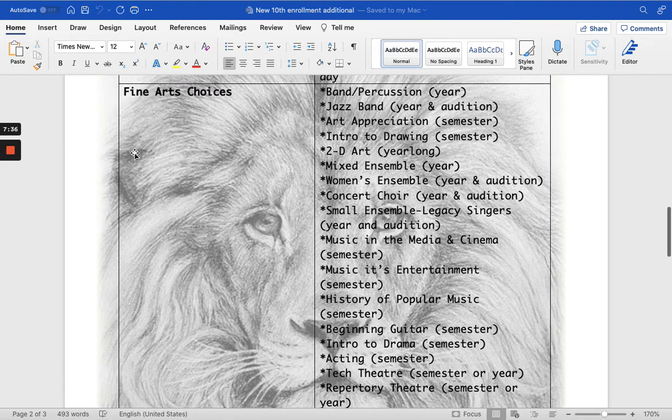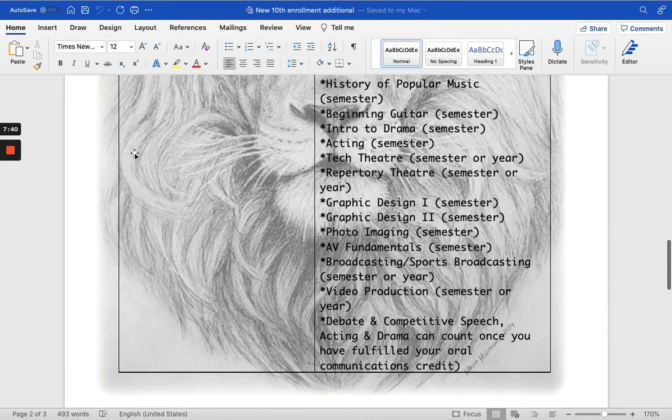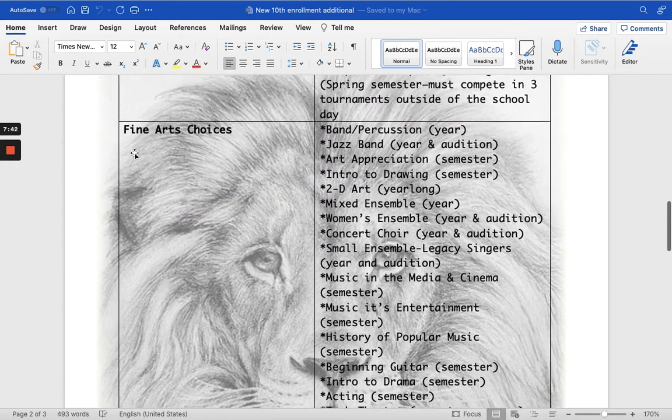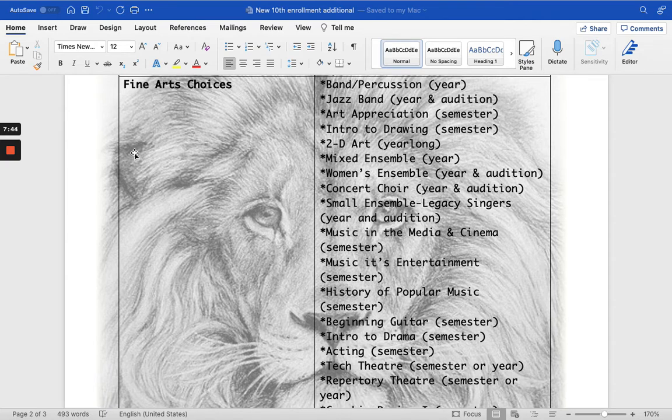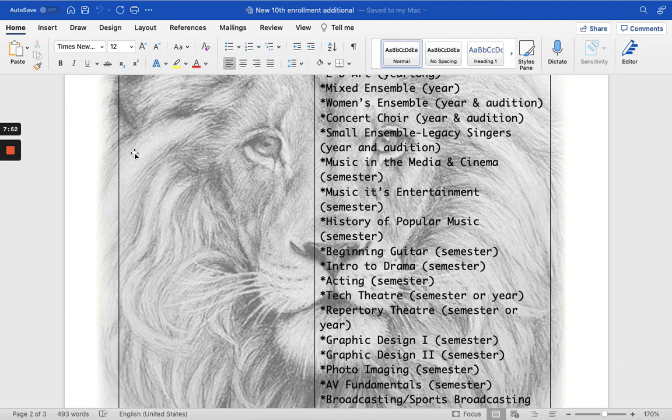Next, fine arts. You can see we have a large selection of fine arts choices. Again, please note that some of them require an audition, some of them have prerequisites, so you want to make sure that you are looking at what the prerequisite is for some of these things.